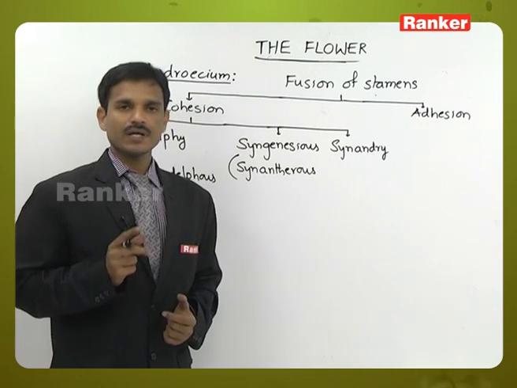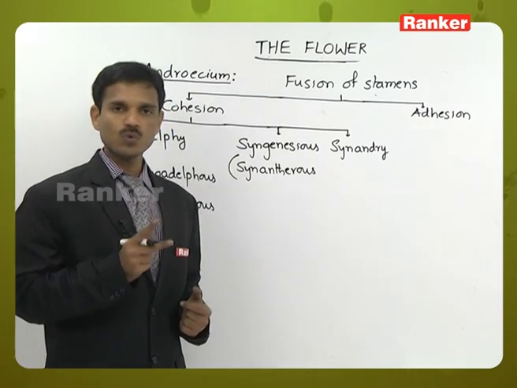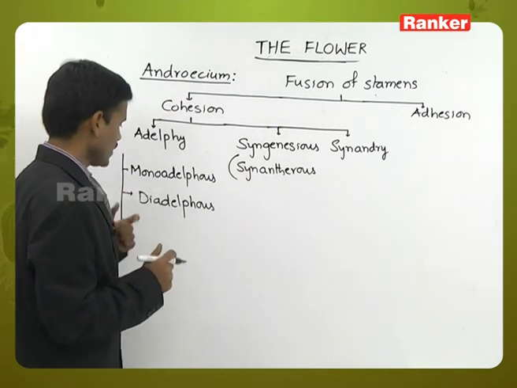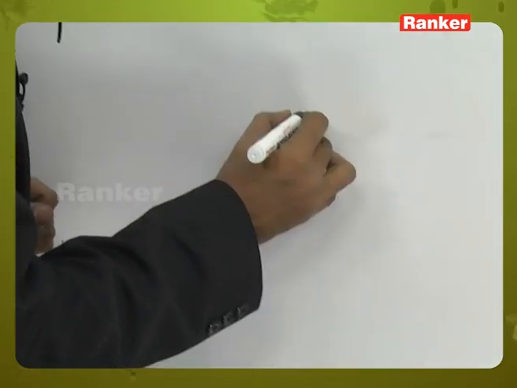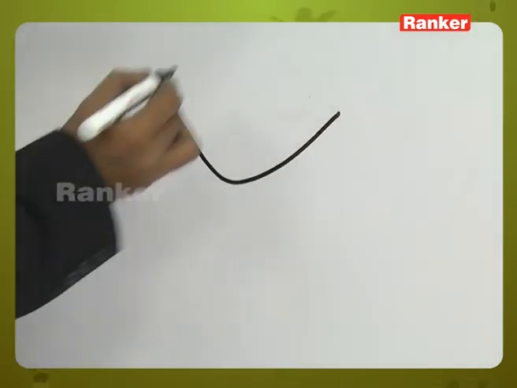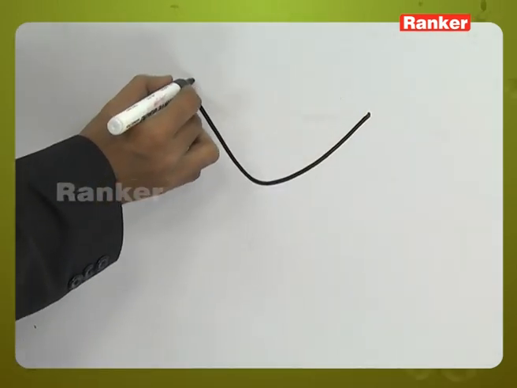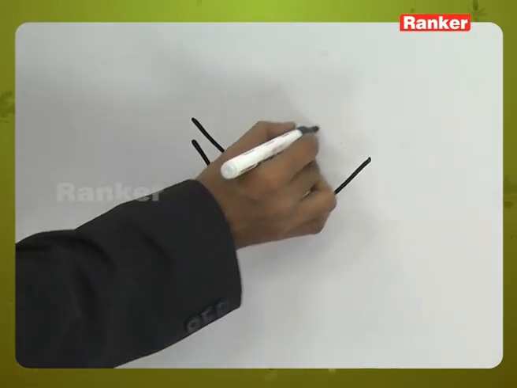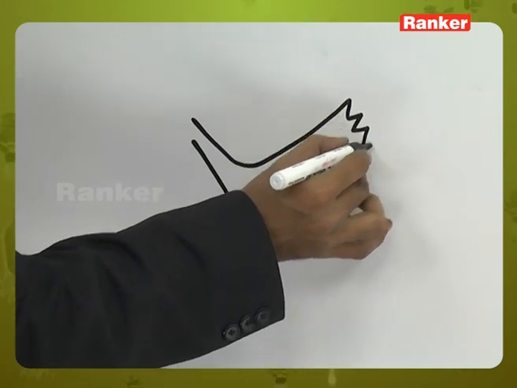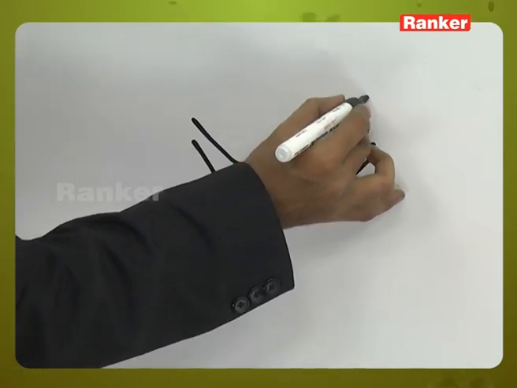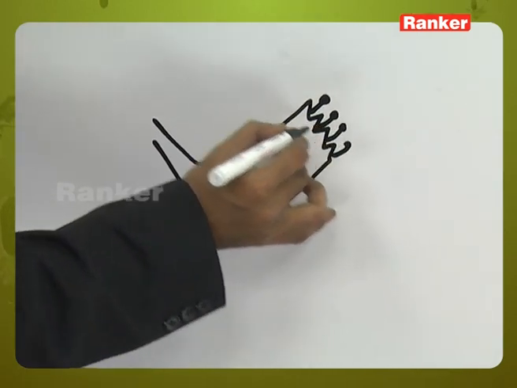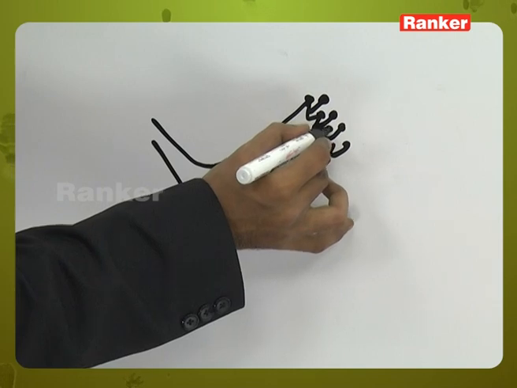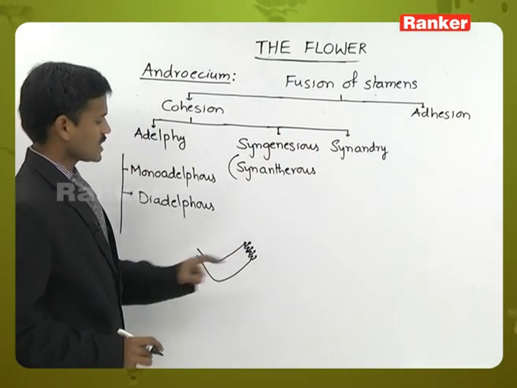Diadelphous means the filaments are fused to form two bundles. In Fabaceae members, or legume plants, a total of 10 stamens are present. Out of the 10 stamens, 9 are fused, so the anthers are free.